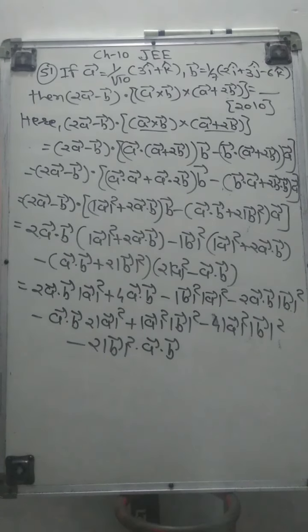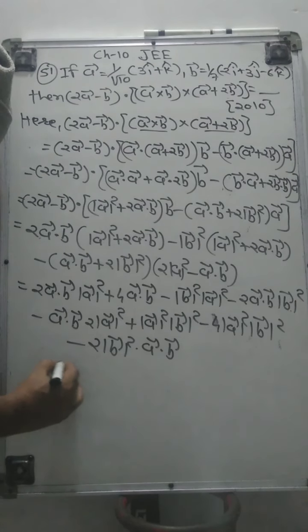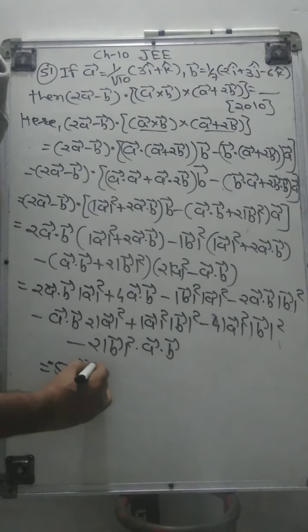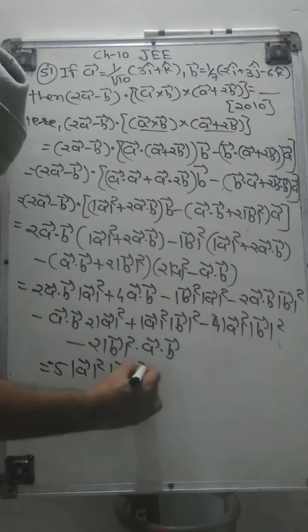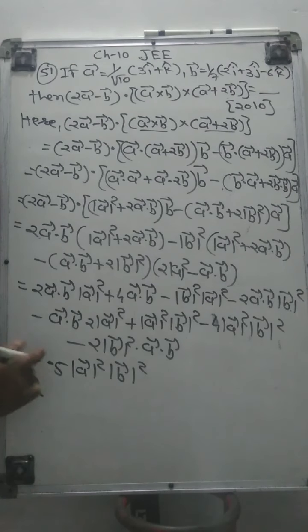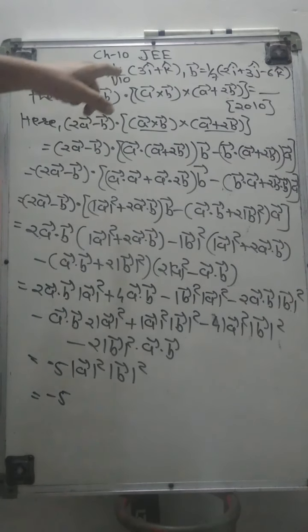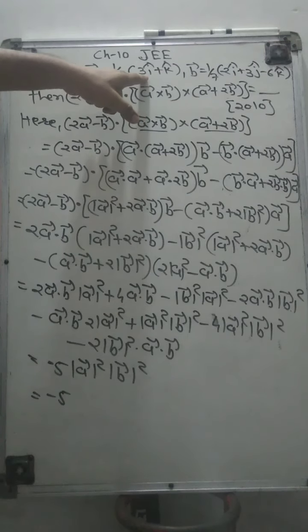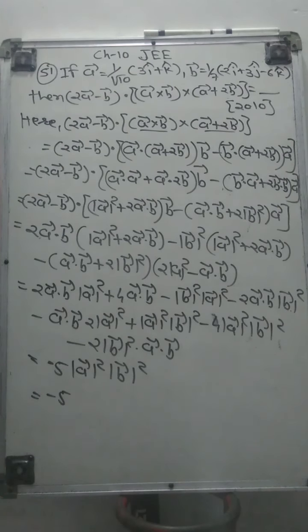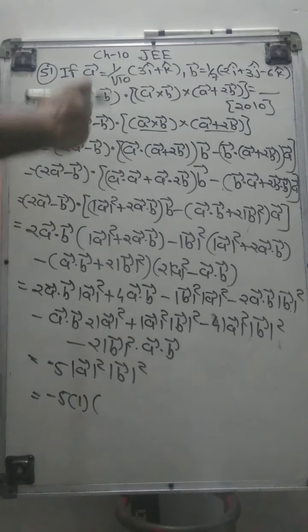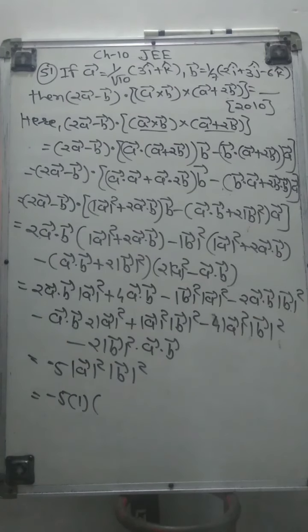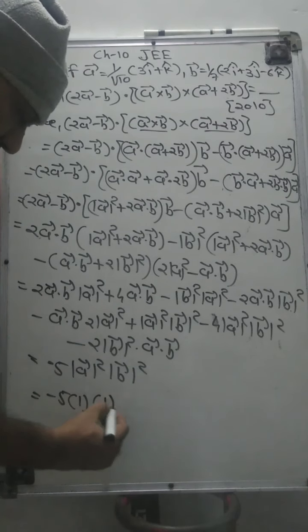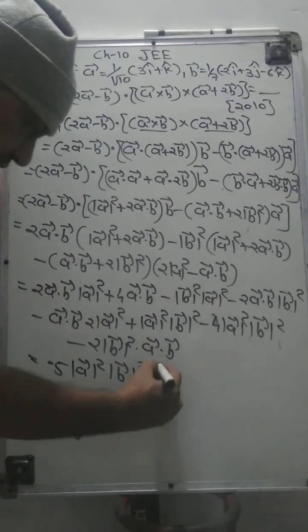Now we just simplify, then we have the answer that it is minus 5 mod a square mod b square, right? When we get this answer, now we directly put the values.